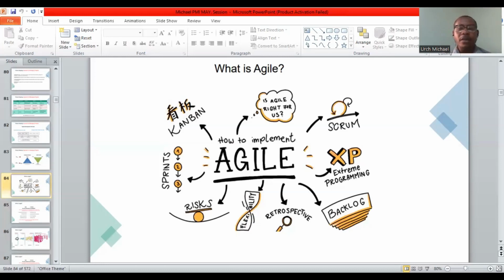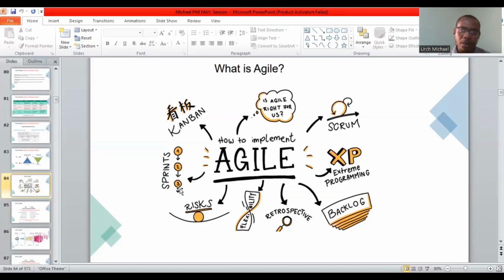So this mindset is achieved using various methods, various skills, various artifacts, which we're going to look at. We have the Scrum, the XP, the backlog, the retrospective, flexibility will have to be added to the Agile, the risk we have to be built into the Agile process, the sprints.